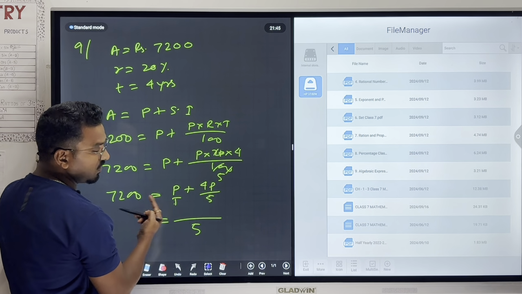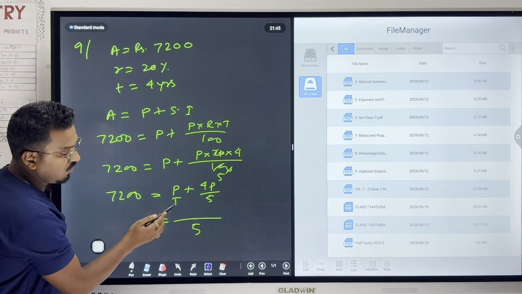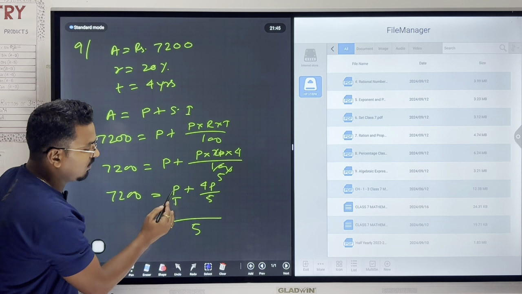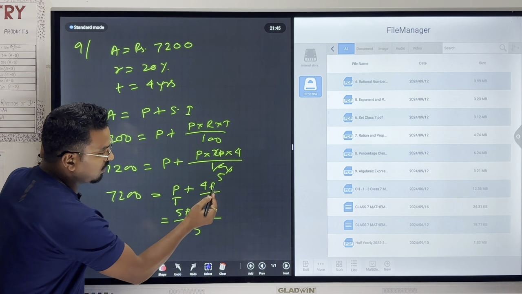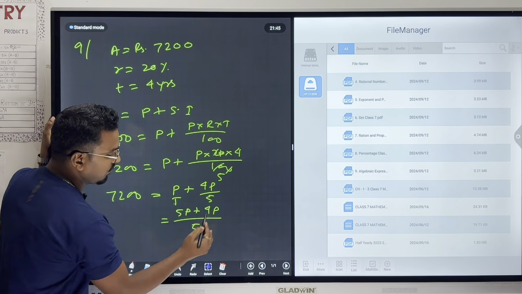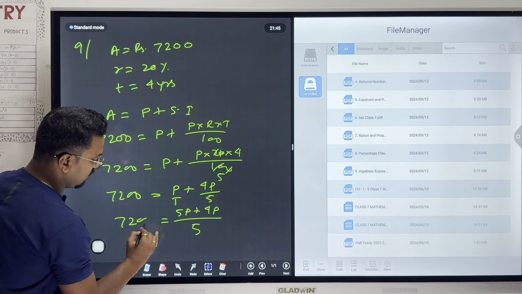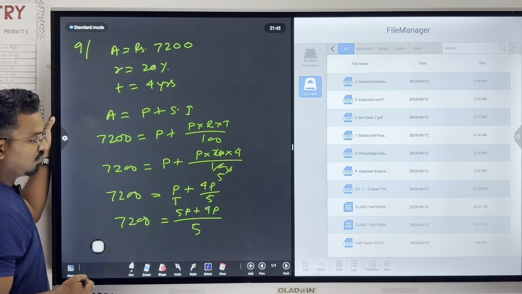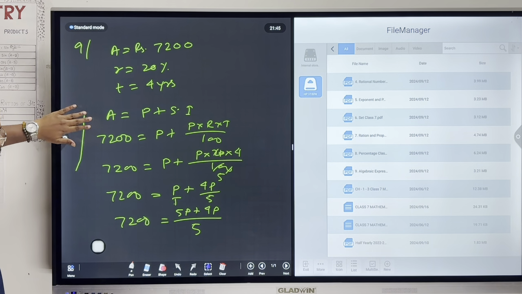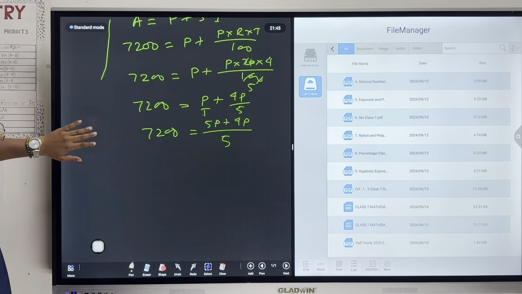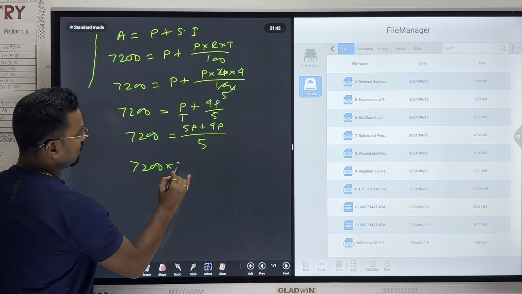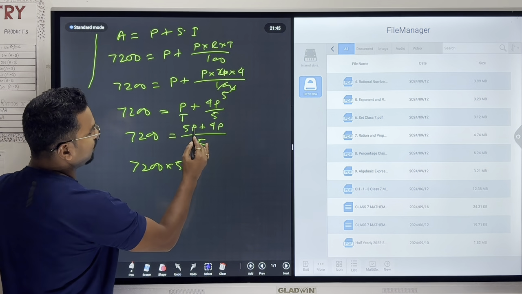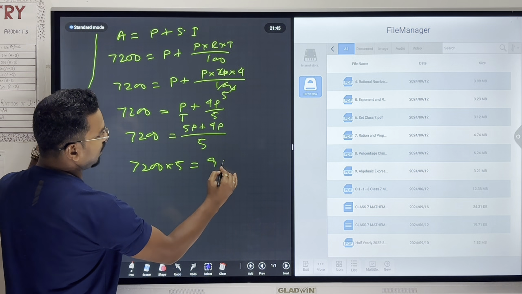So here denominator will be 1, right? 1 5s are 5, so 5 into P, it will become 5P. 5 1s are 5, so 1 into 4P is 4P. And here 7200. Bring this 5 to the other side, it will multiply with 7200, and here it will become 5P plus 4P is 9P.